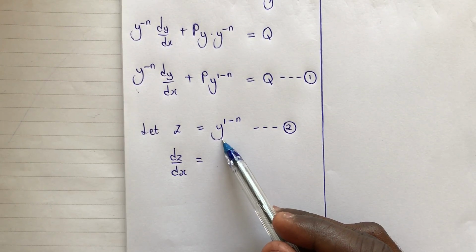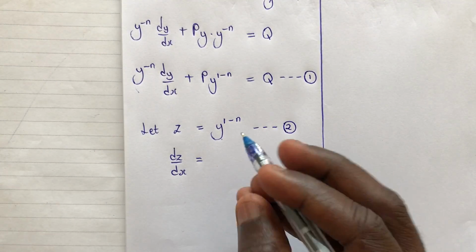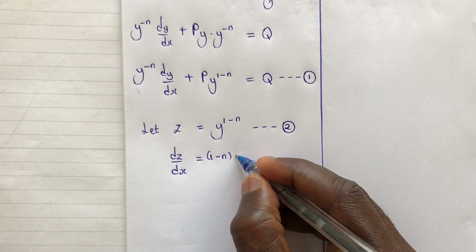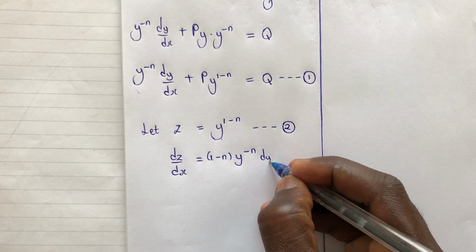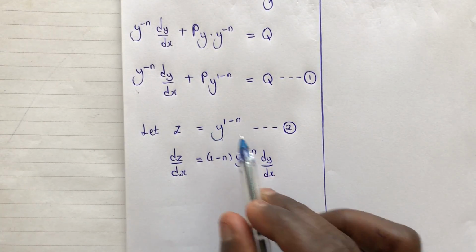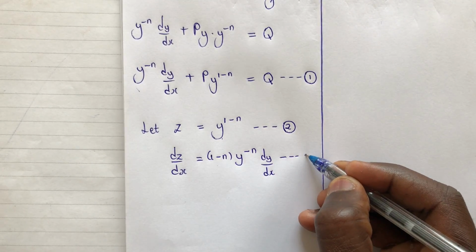Now let's assume that y is a function with a power n. How do I do it? This result is going to give us (1 minus n), let's put this in bracket, y to the power minus n dy/dx. So I have differentiated the function y with respect to x. Let's label this one equation 3.